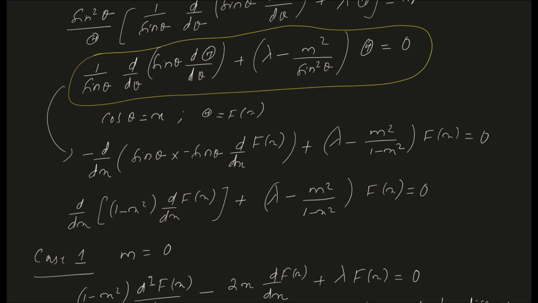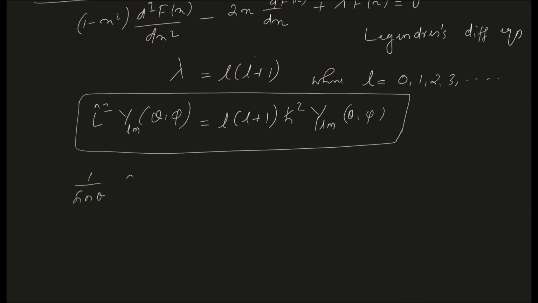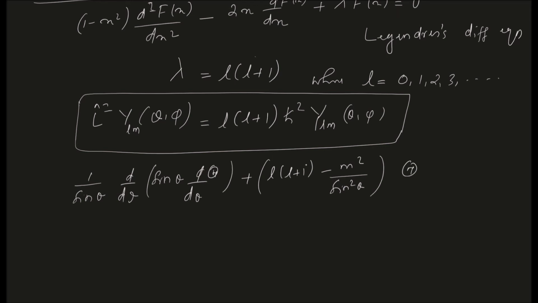Okay. Now if we go back to this expression, 1 by sin theta, and if you put the value for lambda, we will get an expression: 1 by sin theta d by d theta of sin theta d by d theta of capital Theta, plus, now in place of lambda we put L into L plus 1, minus m square by sin square theta, into capital Theta is equal to 0.